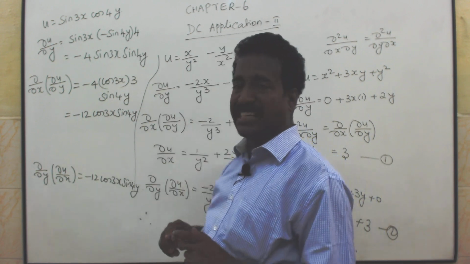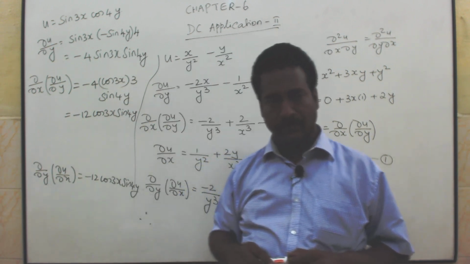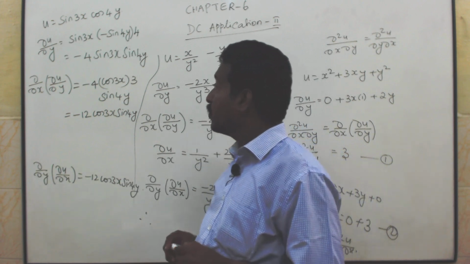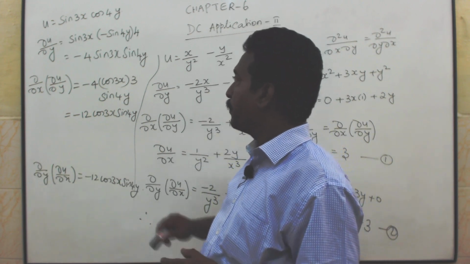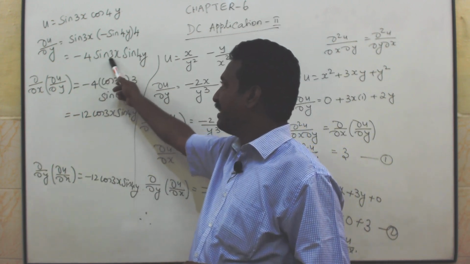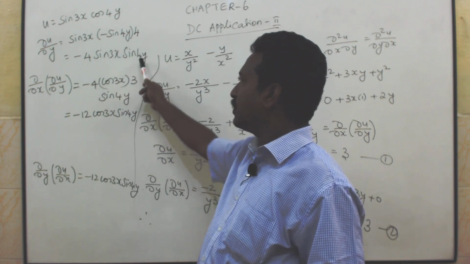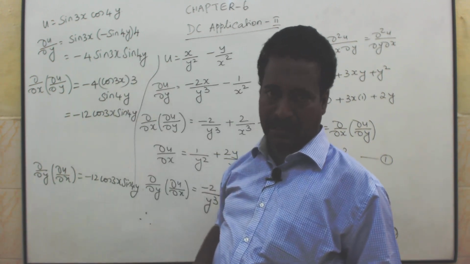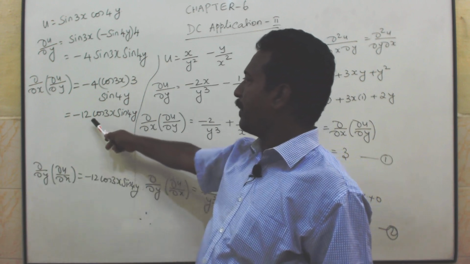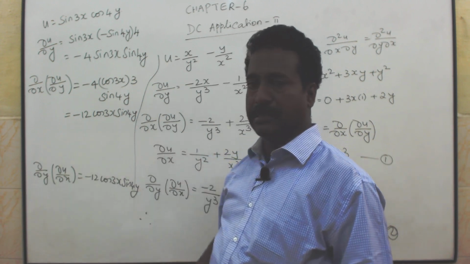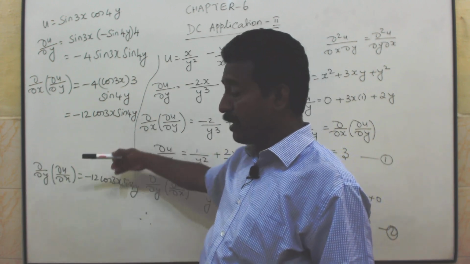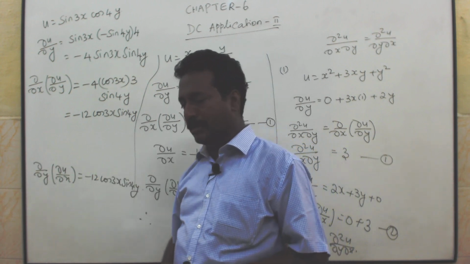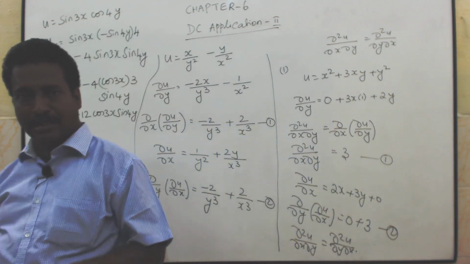That answer, differentiate with respect to x. Dou by dou x of dou u by dou y: minus 4 sin 3x is cos 3x into 3. That sin 4y keep as it is. When we multiply, we'll get this result. Same way, we'll try the right hand side. Definitely, we'll get the result. Is it clear?